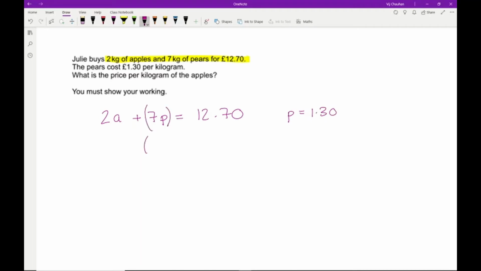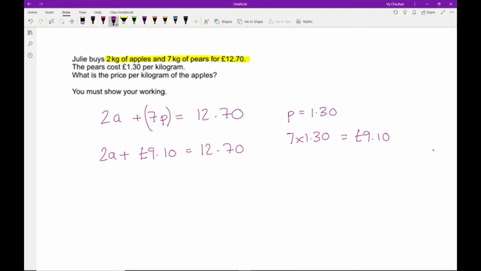So I do 7 times £1.30, which gives me £9.10. So I've got 2a plus £9.10, so Julie spent £9.10 on pears. I think she quite likes pears.